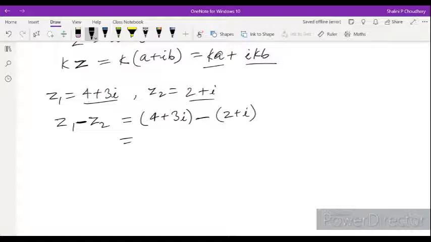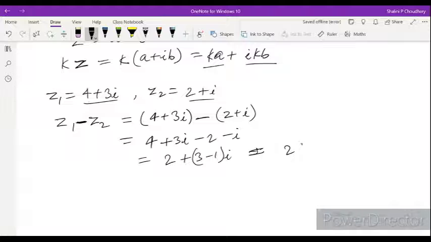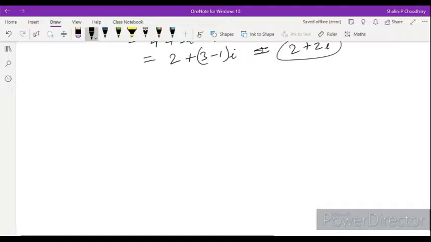What does i mean? 1 into i. So 4 plus 3i minus 2 minus i. So 4 minus 2 will be 2 and 3 minus 1 i, this will be equal to 2 plus 2i.